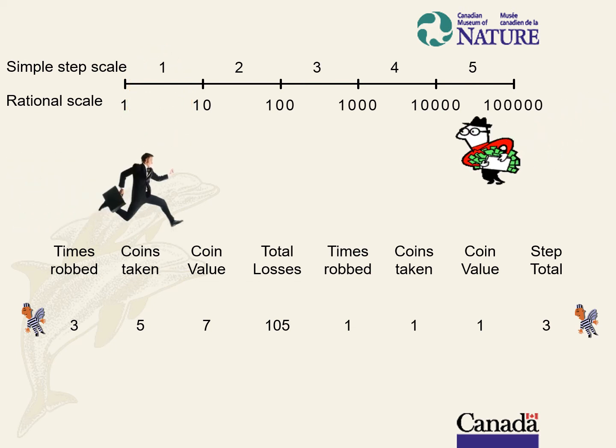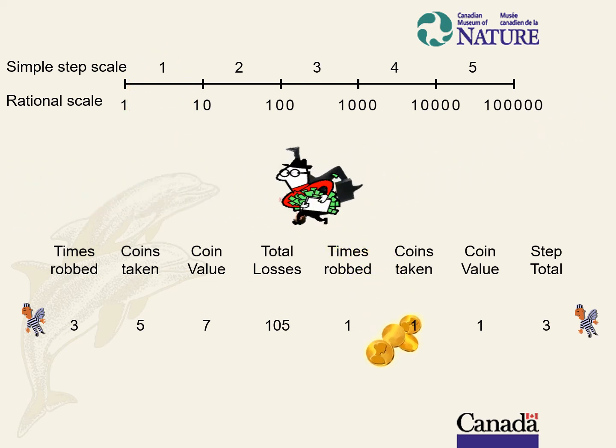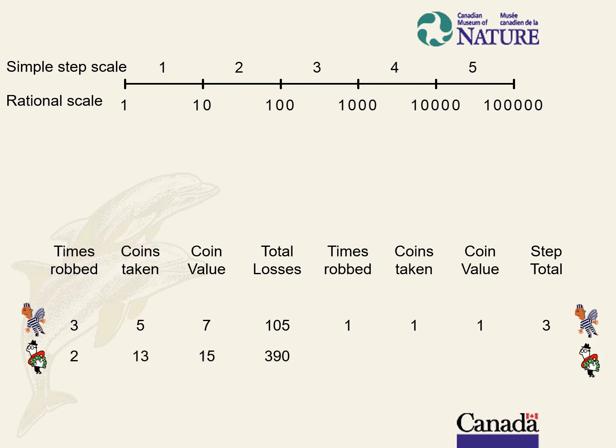Now, let's see what happens when George meets the running thief. Through the year, the running thief is going to rob George 2 times. Each time he's going to take 13 coins, and each of those 13 coins will have a value of 15. The old-fashioned way, we calculate 2 times 13 times 15 is equal to 390 denarii.